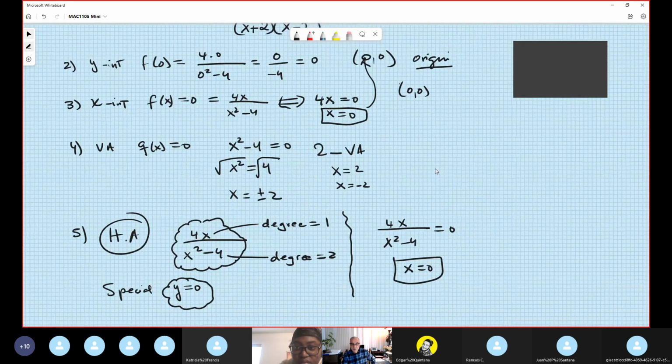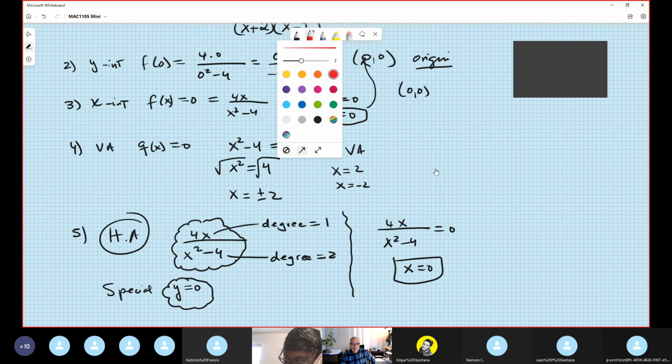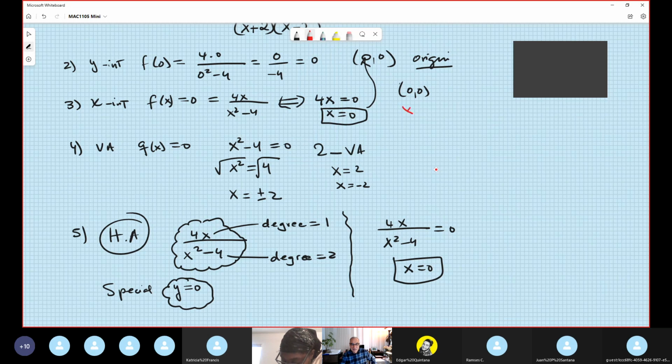Now, this famous point (0, 0) is the x-intercept, the y-intercept, and also the point in which the curve crosses the horizontal asymptote. Okay, this is an important point. Plotting this point is super important. One more piece of information: we have two vertical asymptotes. Okay, no more asymptotes.